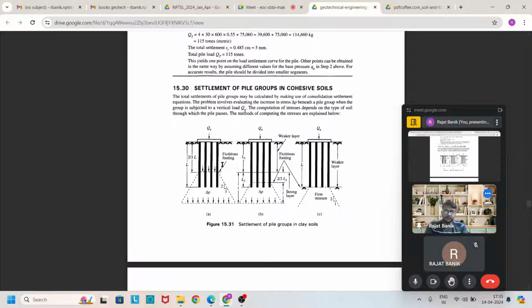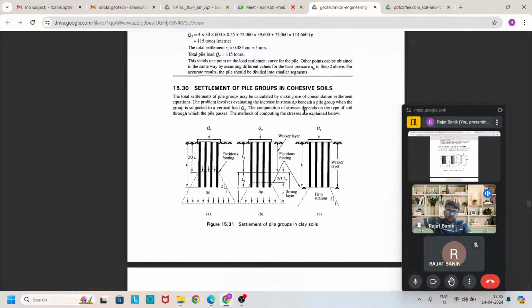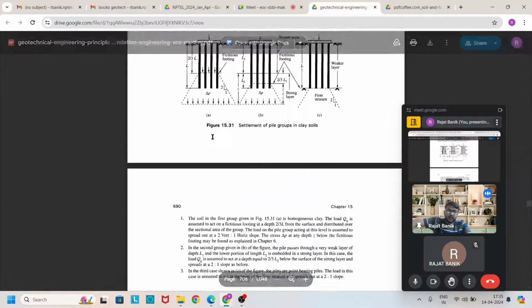This is for soft clay, the homogeneous clay. If two layers are present, one a weaker layer and another a firm stratum below the base of the pile foundation, then we use the pressure distribution from the base of the pile foundation. So you go through this type of diagram to solve the settlement of the pile foundation.